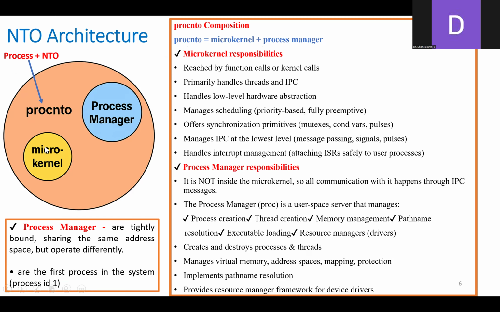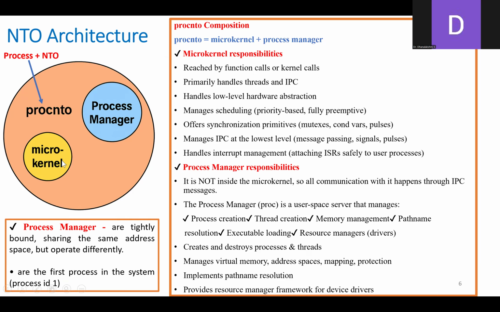What is the purpose of this microkernel, and how can it be reached? By using function calls or kernel calls. It handles all types of threads and IPCs. It handles low-level hardware abstraction and manages scheduling, priority-based or fully preemptive, it decides.